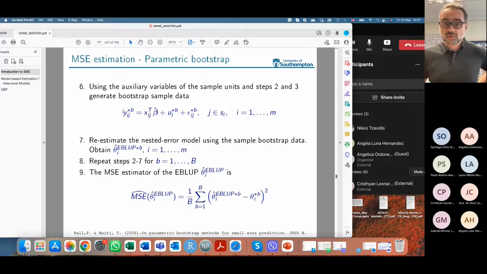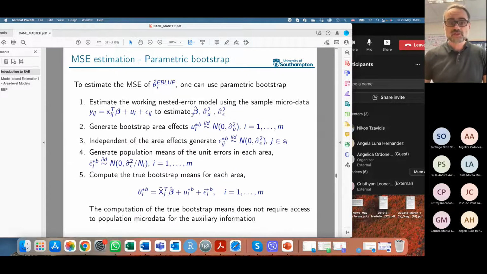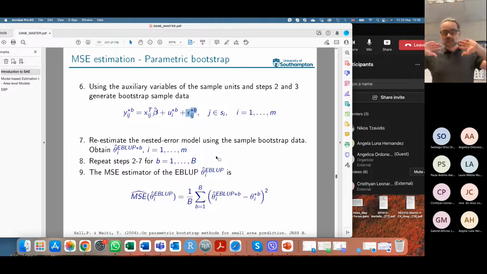No, in this equation that I highlight now, there is no census data. These are the Xs from the original sample, and the same u_i stars and e_ij stars as the ones that you used before. So once you start with iteration 1, you carry these u_i and epsilon_i throughout.